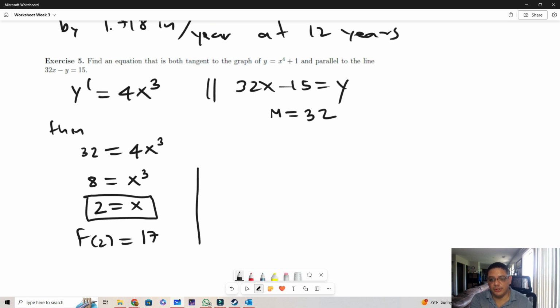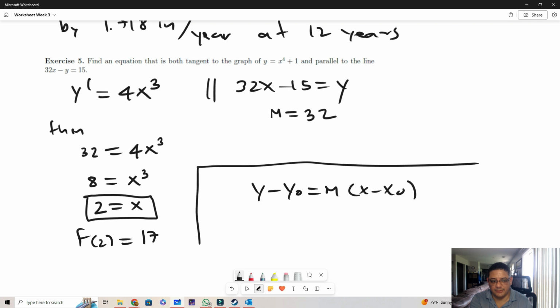So now the equation of the line will be given by y minus y0 equals m times x minus x0. And always remember that the y0 is just f of the point. So in this case it will be f of 2. The m will be f prime of 2. And here we're going to have x minus 2 because we found that the point was 2.